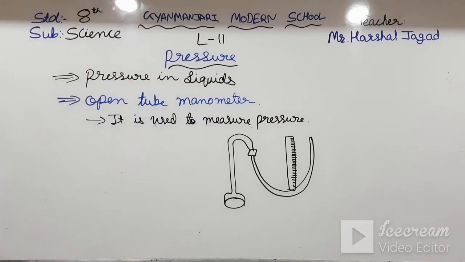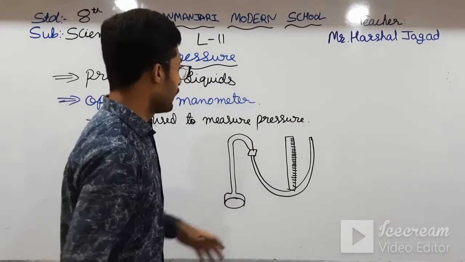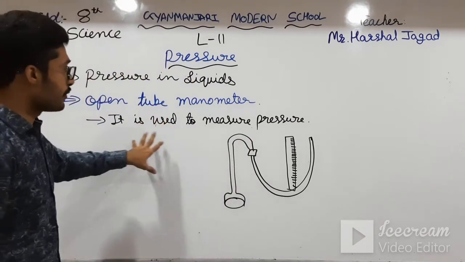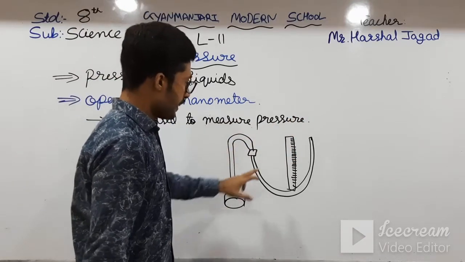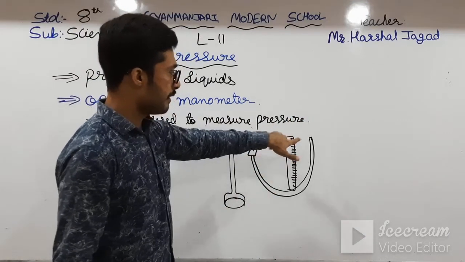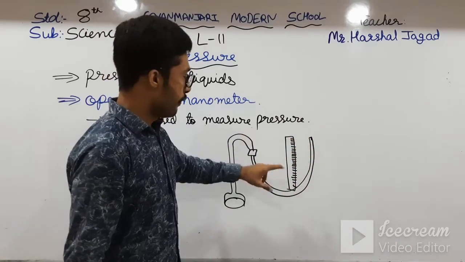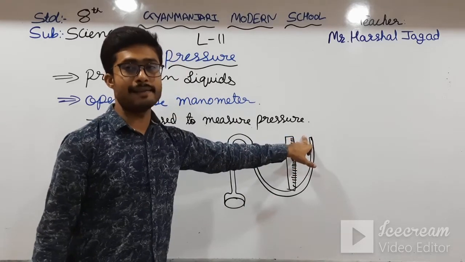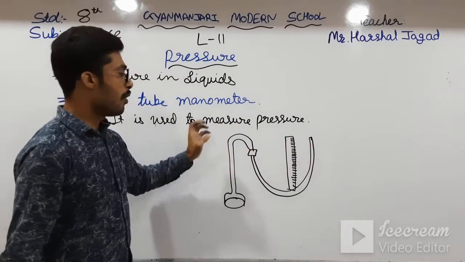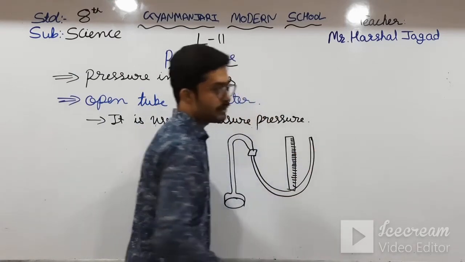Okay, students, this is the manometer which is used to measure pressure. Here there is a scale and a U-shaped tube, one end is closed and one end is open, and it is filled with water.